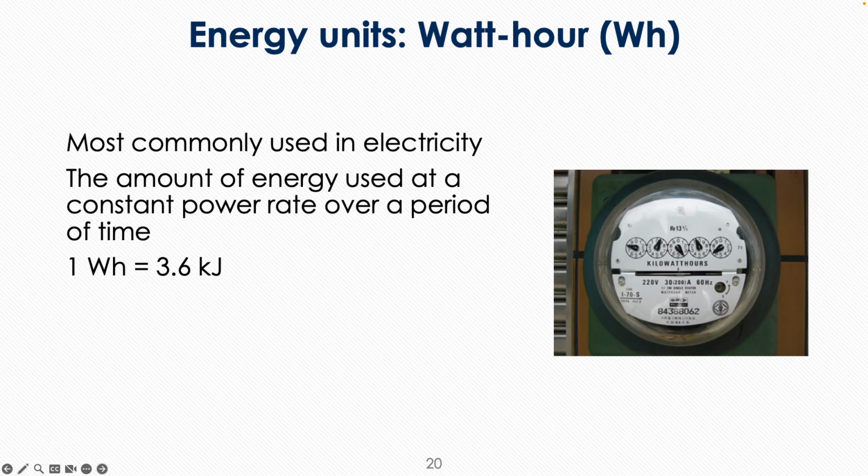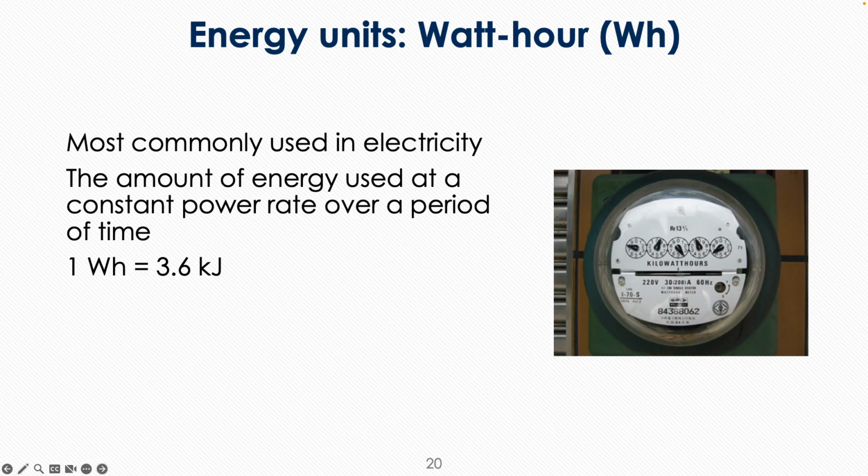This is equal to 1 joule per second, times 60 seconds in a minute, times 60 minutes per hour, and that's where I get 3,600 joules.